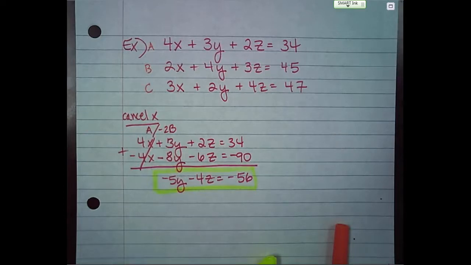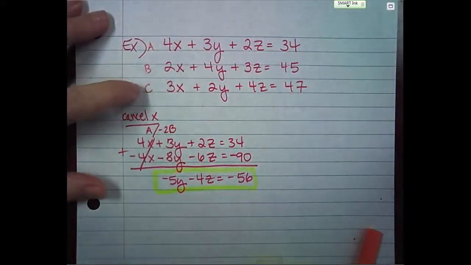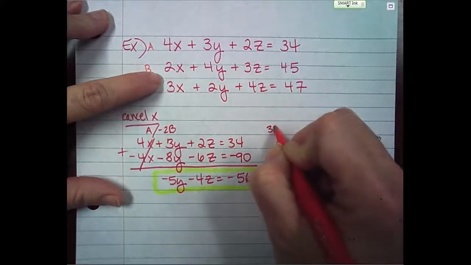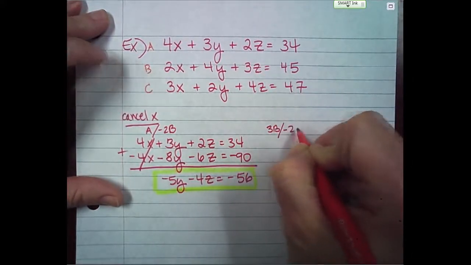I need to cancel x 2 times because I want 2 equations with just y and z. Okay, so let's use B and C and get them to 6. So write that down. Why don't we do 3B, and we'll have to use negative 2C.